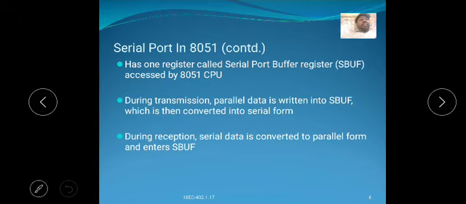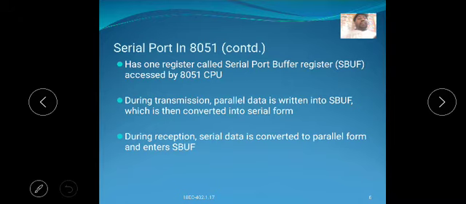During the transmission, the parallel data is written into SBUF, which is then converted into serial form.